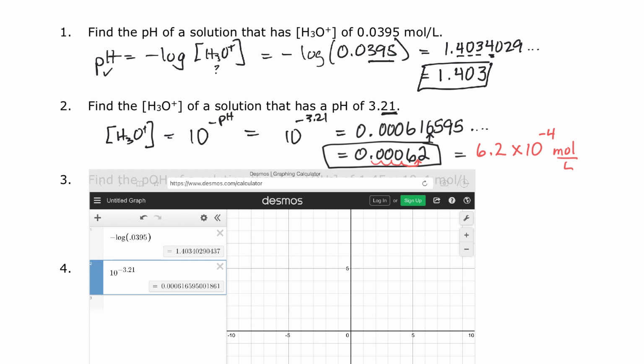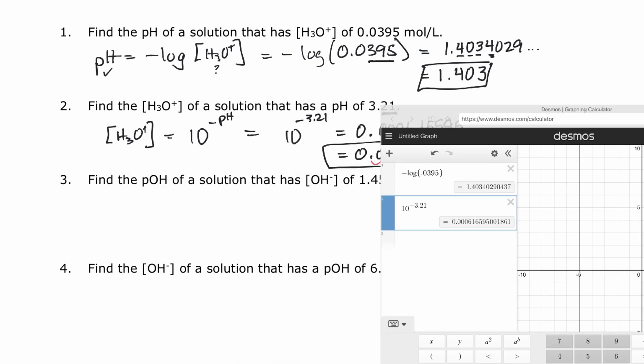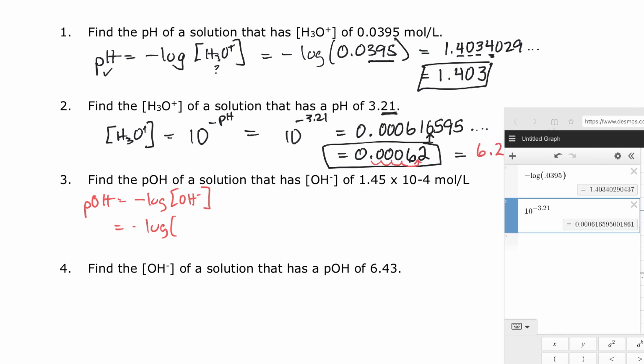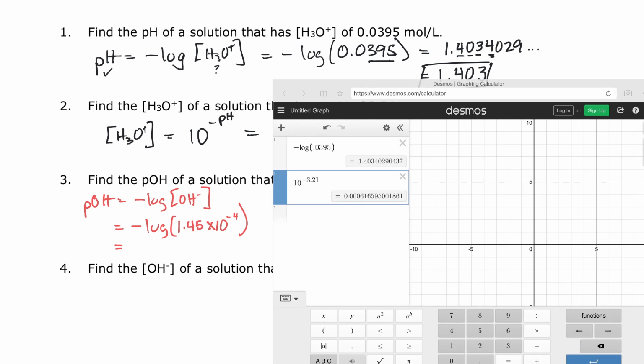Let's just try those other 2 and see how we fare with those. Find the pOH, okay? So pOH formula is negative log of the hydroxide ion concentration. So it'll be negative log of 1.45 times 10 to the minus 4. Okay, so decimals, 1.45.